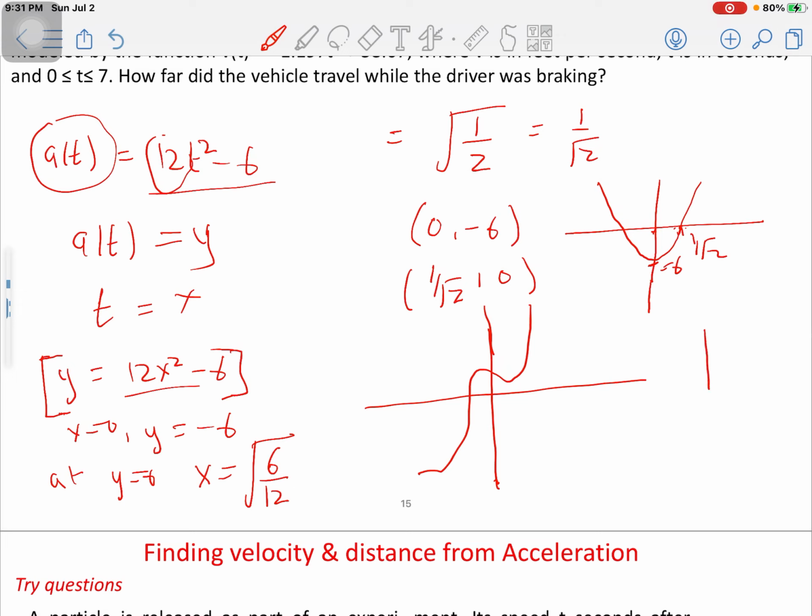And the last one, you are also going to get a graph like this, which is the distance function.